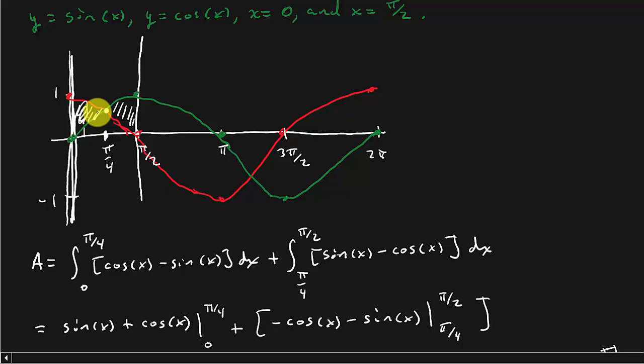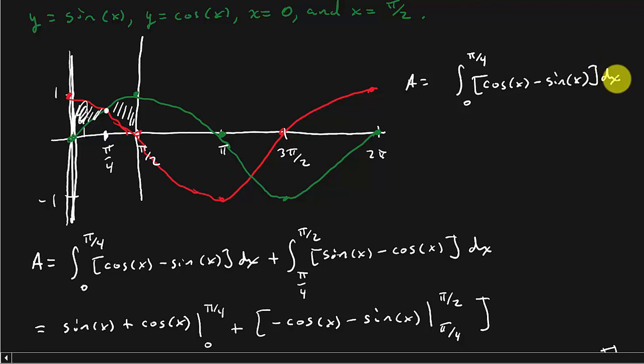So now, how else could I find this area? Well, I could also find the area as the integral from 0 to pi over 4. And see, cosine's on top, so that's cosine minus sine dx.